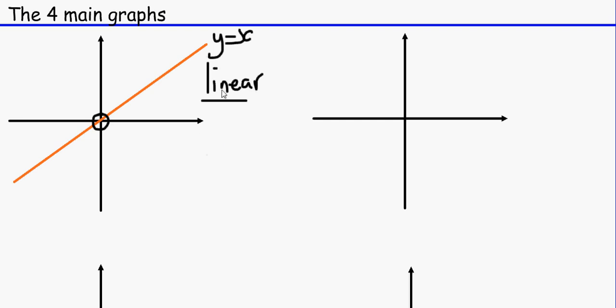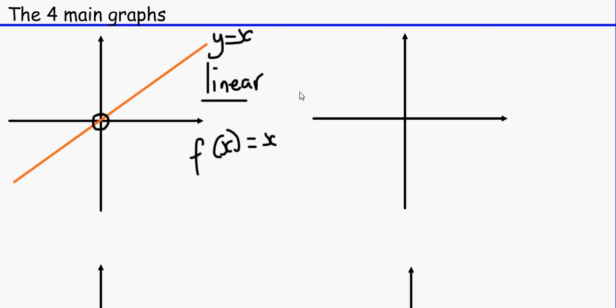Another way we can write y equals x is f of x equals x. The y, you can substitute for f of x. And in C1 and C2, you'll see that we mostly just change the y into f of x. So each time you get worried, just change f of x into y or something.